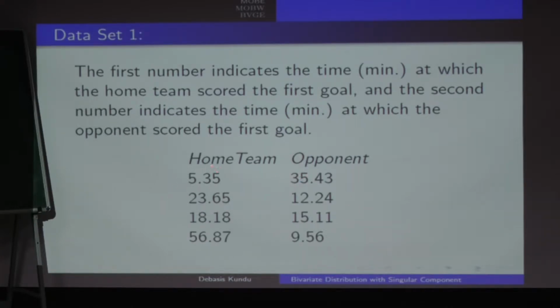So at 5.35 minutes the home team scored the first goal, and at 35.43 minutes the opponent scored the first goal, and so on. Here the data are truncated, in the sense that we have included only matches where both teams scored at least one goal each.